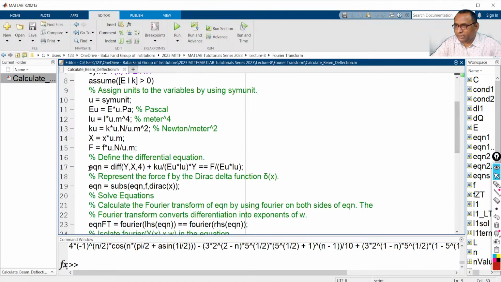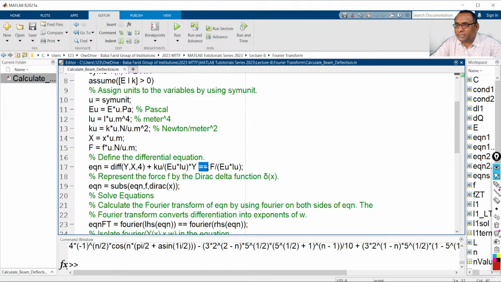Then we have the equation. See, this is the equation. This is the symbol for the assignment of the differential equation. The right hand side information will be stored in EQN. So this is the left hand side of the given differential equation and the corresponding syntax of the differential equation, and this is the right hand side.